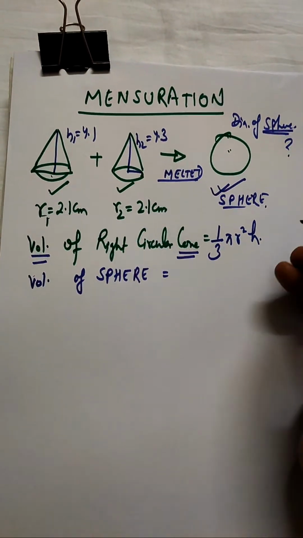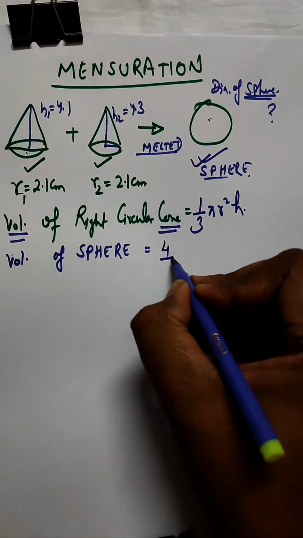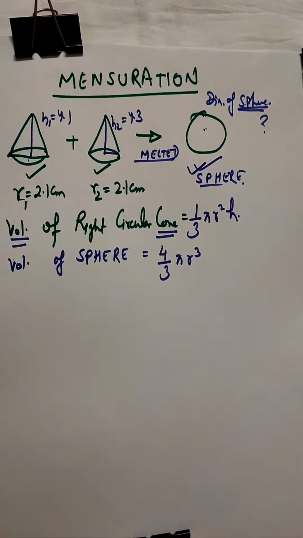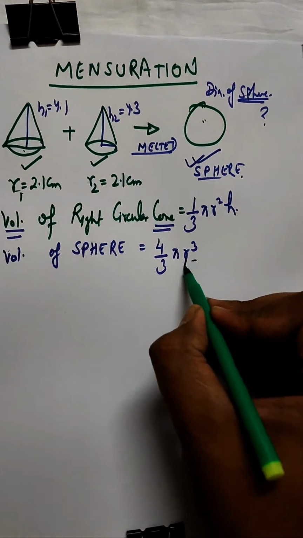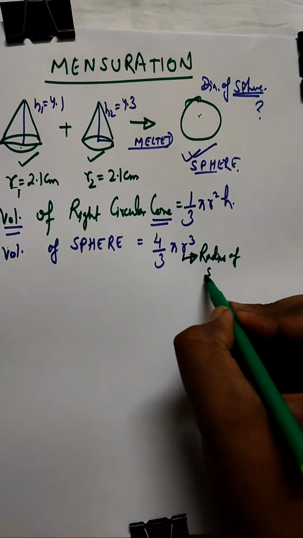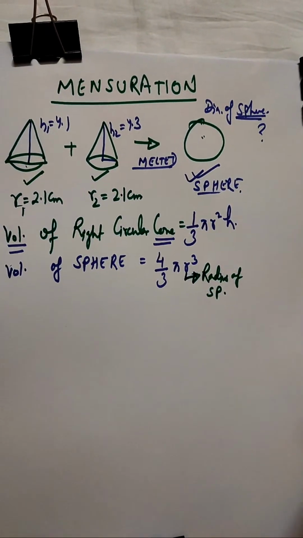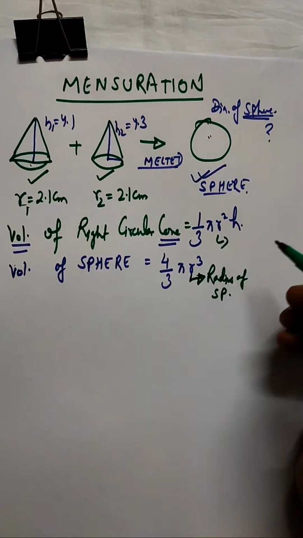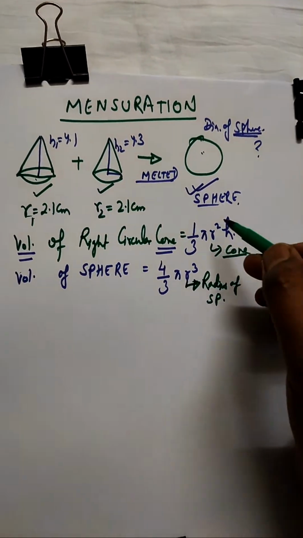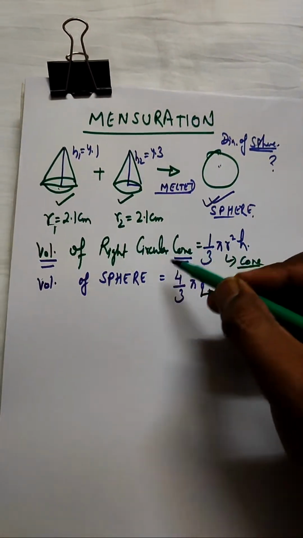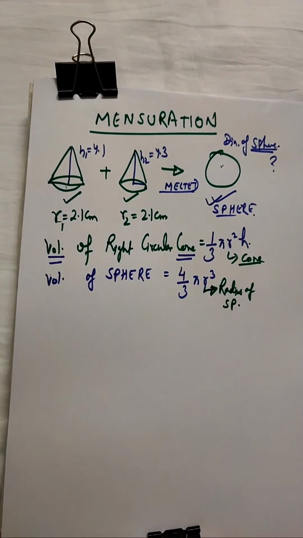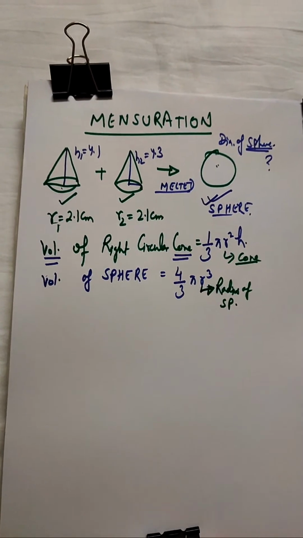The volume of a sphere is 4 by 3 pi r cube, where r is the radius of the sphere. Mind it, the earlier r was for the radius of the cone.